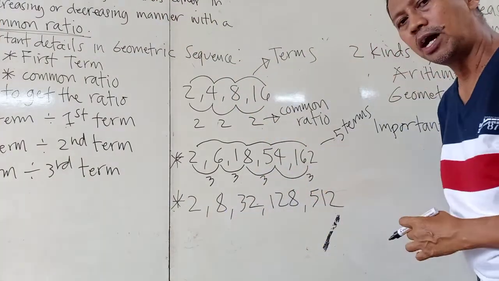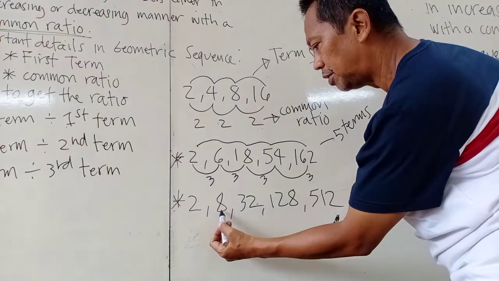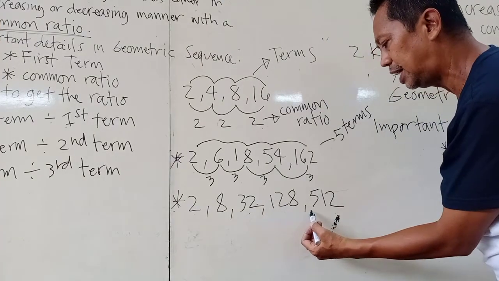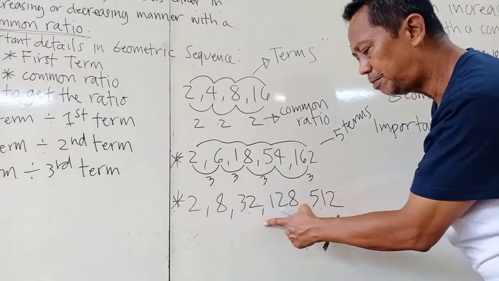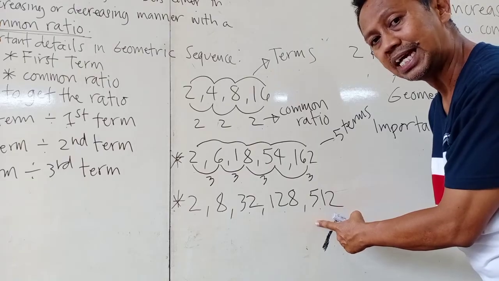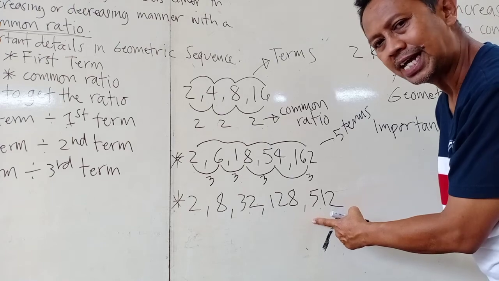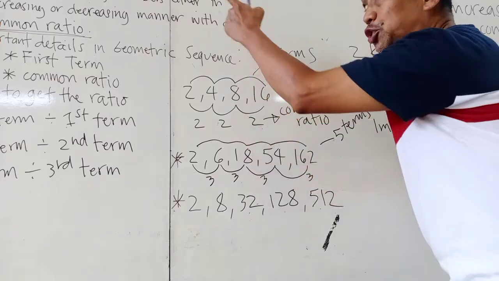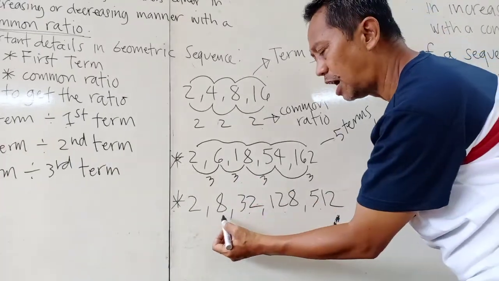How about our second example? The first term is 2, it becomes 8, it becomes 32, it becomes 128, and it becomes 512. Whenever you discover the numbers are increasing so rapidly, therefore, you are dealing with a geometric sequence. How to get the common difference? Our common ratio.